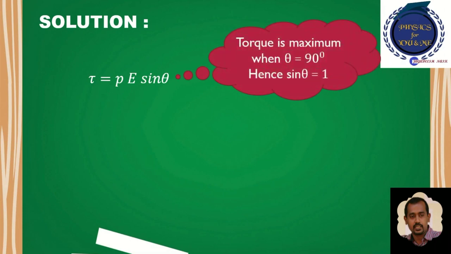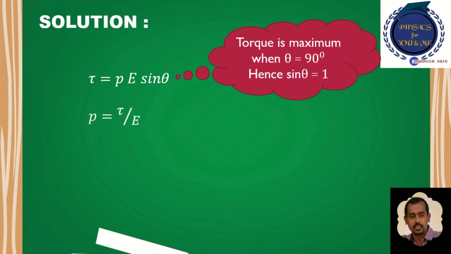But here it is said that torque is maximum. It will be maximum only when theta, which is the angle between the direction of the dipole moment and the external field, is equal to 90 degrees. Hence, sin theta will be equal to 1.